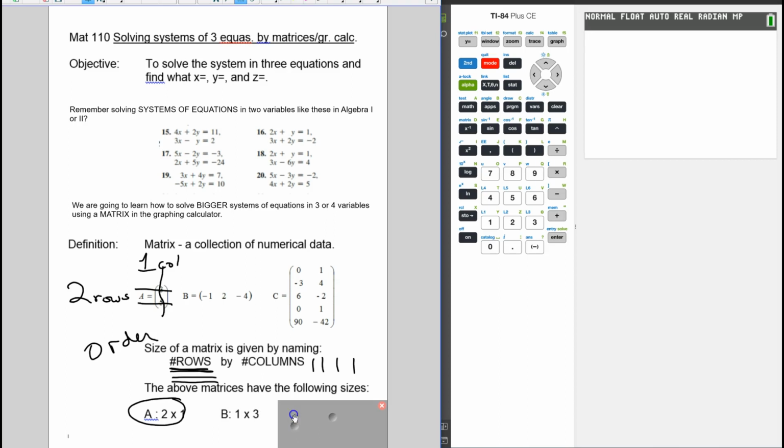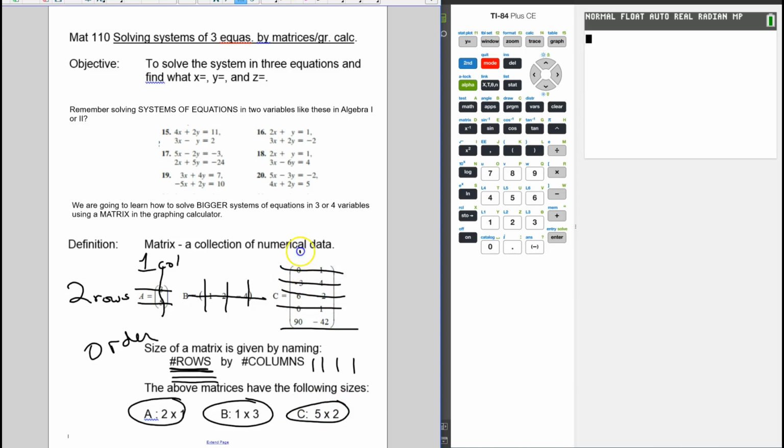Were you thinking 1 by 3? 1 row by 1, 2, 3 columns. The last one, hopefully you were thinking 5 by 2. 5 coming first, there's 5 rows, and then 2 columns.